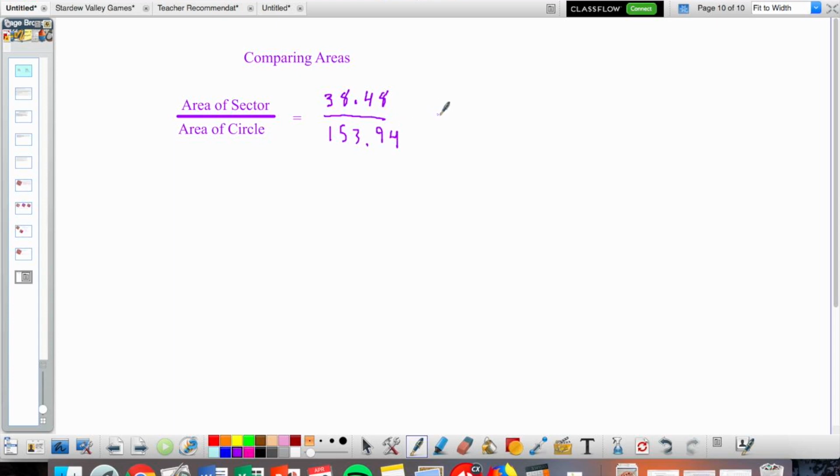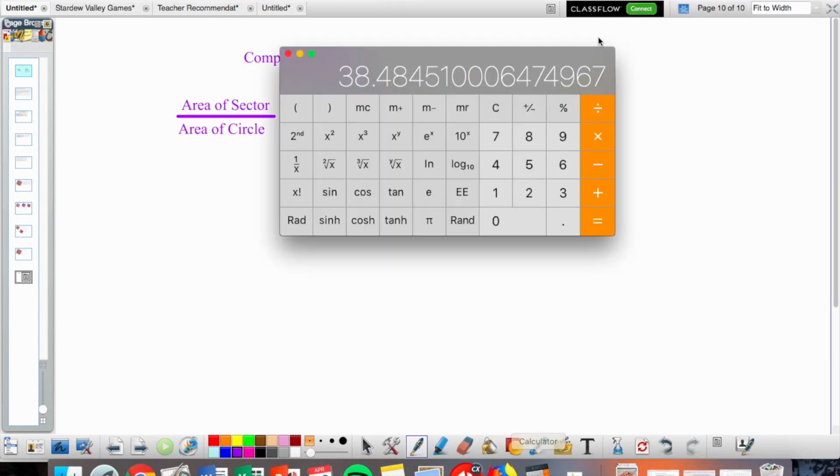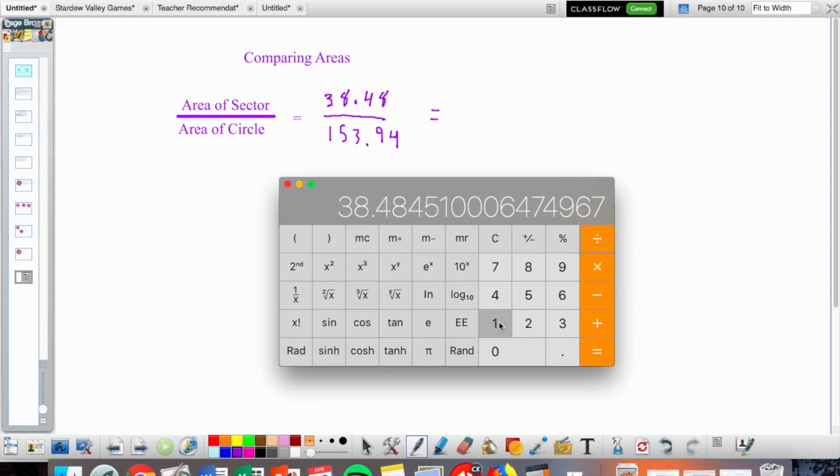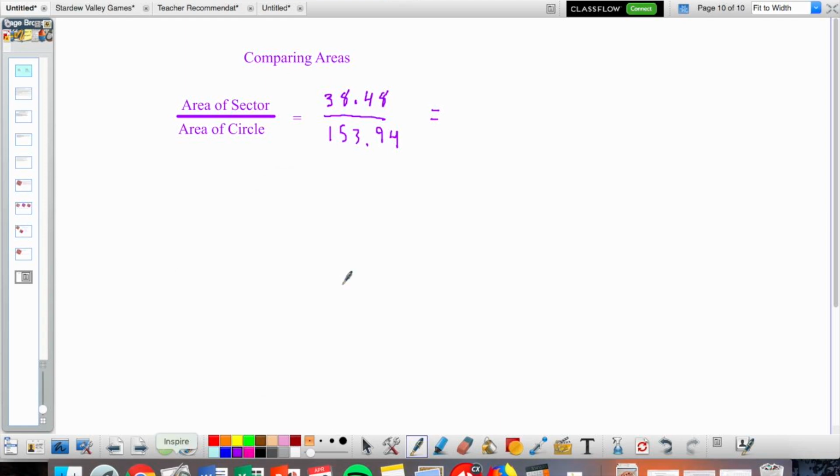If I wanted to know how one area compares with another, you create a ratio, you create a fraction. So since I'm wanting to know how much of the pizza did I eat, well, I already know I ate 1/4 of that pizza. But if you didn't know, you could take the area of your slice divided by the area of the whole. And 0.24999, yep, 0.25, which we know is 1/4.